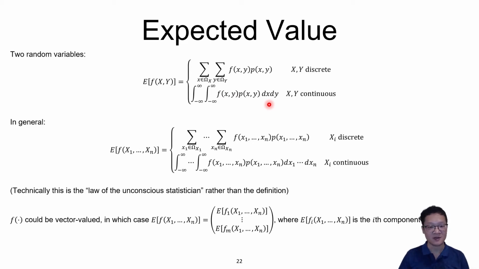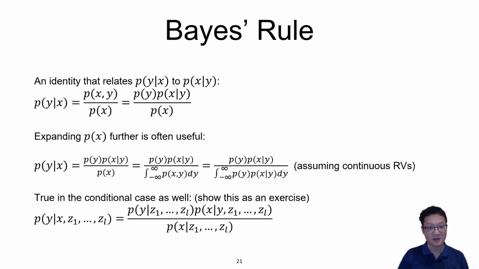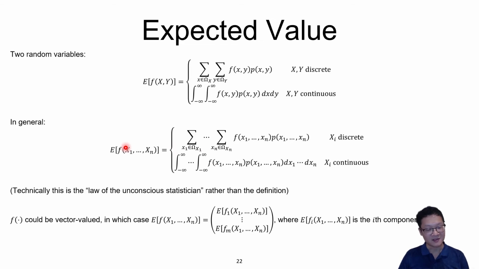Okay, so for the multivariable case, more than two variables, we simply sum over all possibilities of all variables, and same with the integral for the continuous case. So this is all the scalar case.